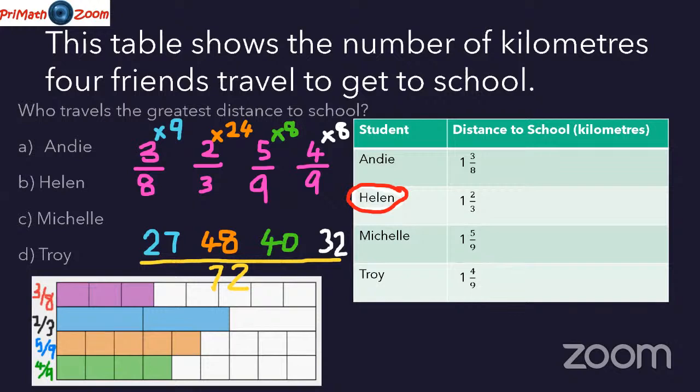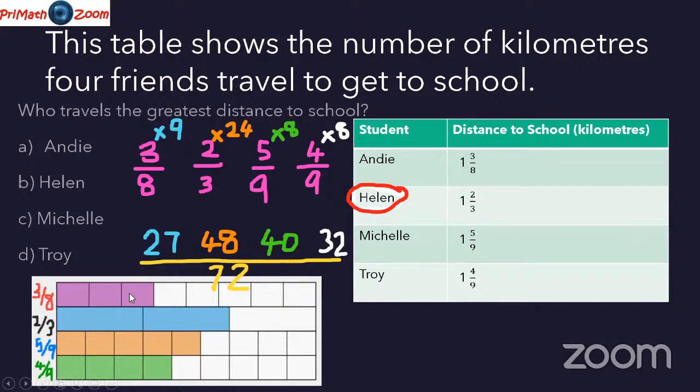Since they all have the same whole, which is 1, we can just go ahead and compare the fractional parts. With what I am displaying here, I created 4 wholes, which are the same sizes, and then I represented each fractional part in the whole, and then we're able to compare it.